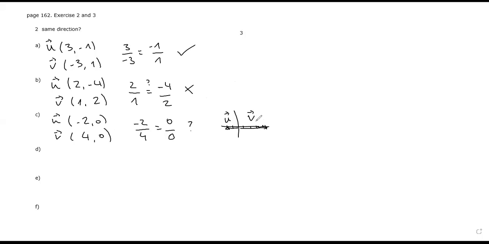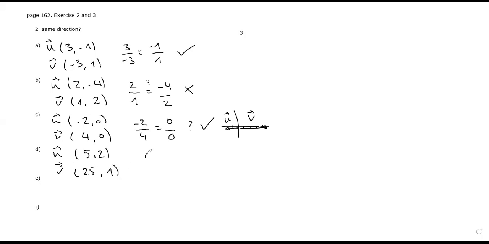So even if this is not absolutely true when we have a 0, what we can assure is that they do have the same direction, because one is the opposite of the other. When we have zeros, the same thing always happens. If I only have the same component, they will always be proportional, so they will be in the same direction.